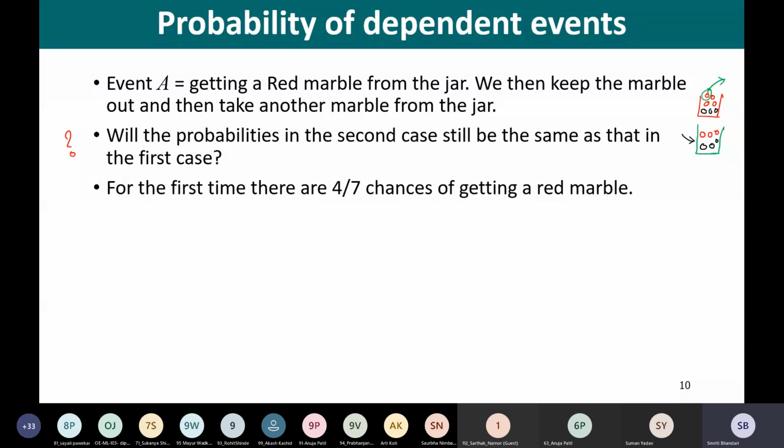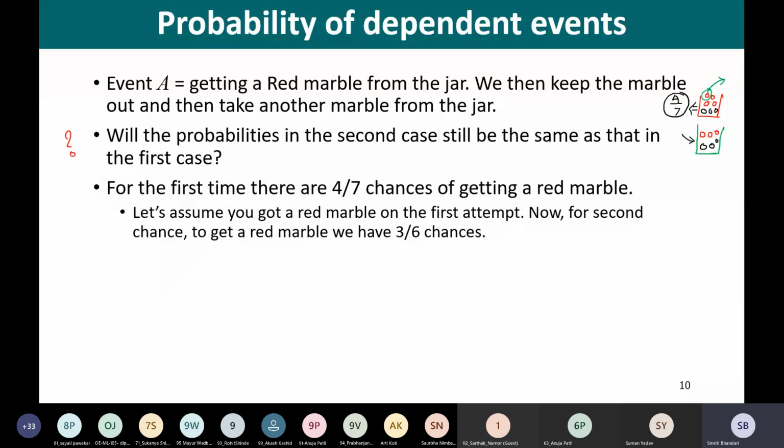For the first case, the probability of getting a red marble is 4 divided by 7, because in total we have 7 marbles and 4 are red. But now let's assume we have got a red marble on the first attempt.